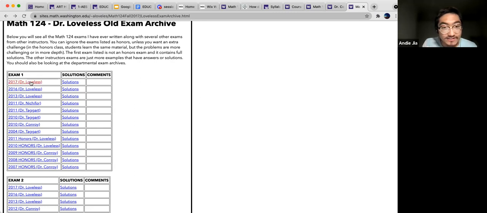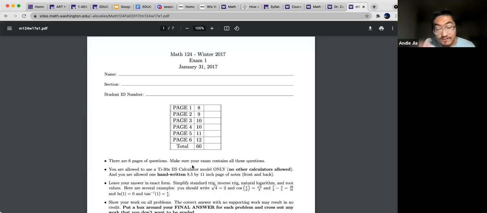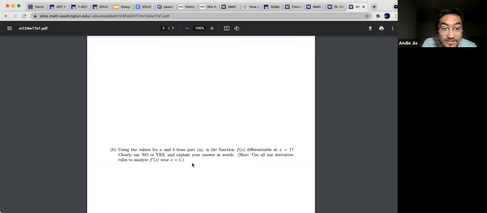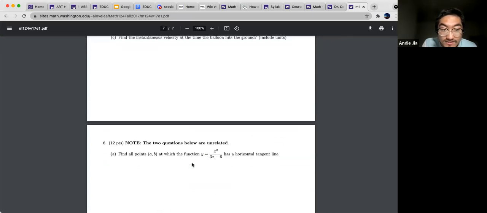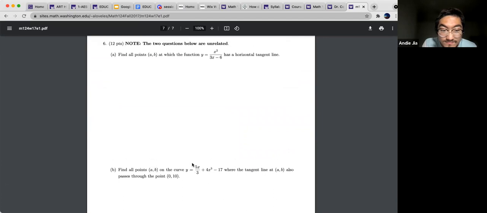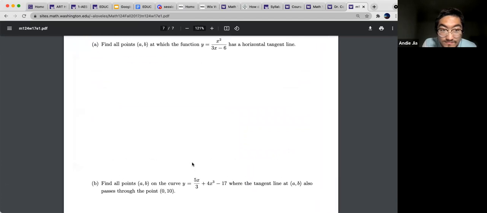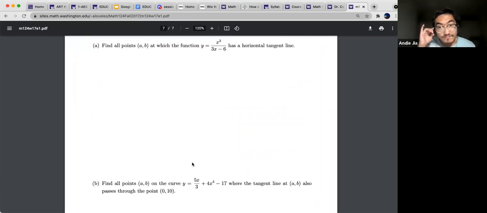Back to it. It's the same exam file. So again, if you see a function, what does a horizontal tangent line mean?